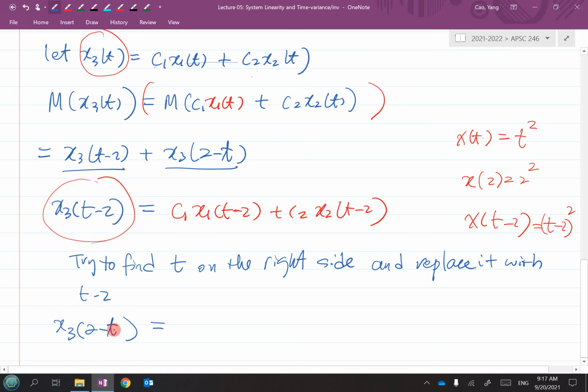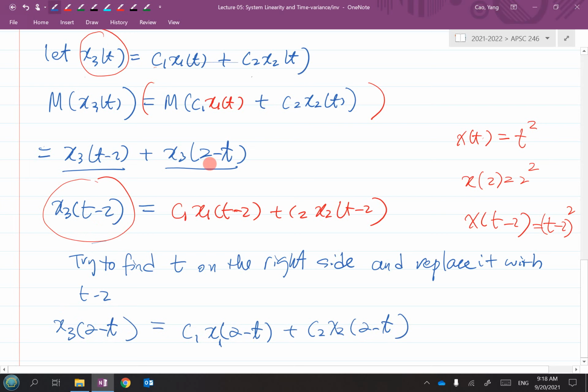You go to the right side, you find the corresponding t, then you change that to x1 of 2 minus t. So now you have the expression for both of the terms that are here.